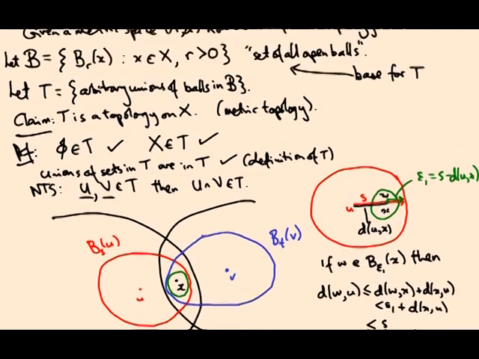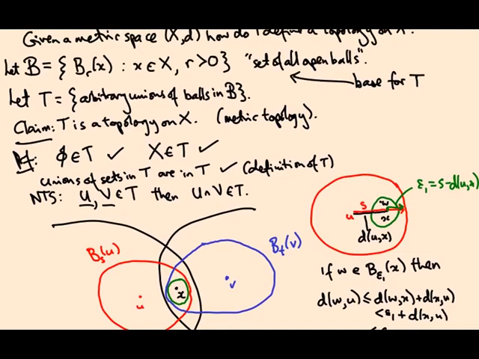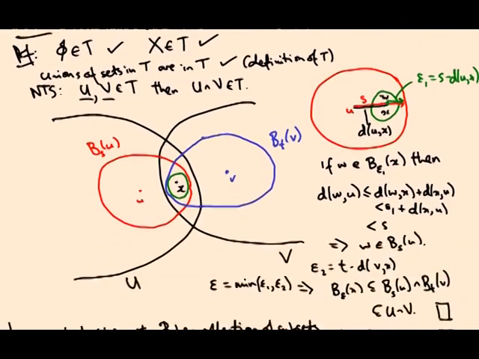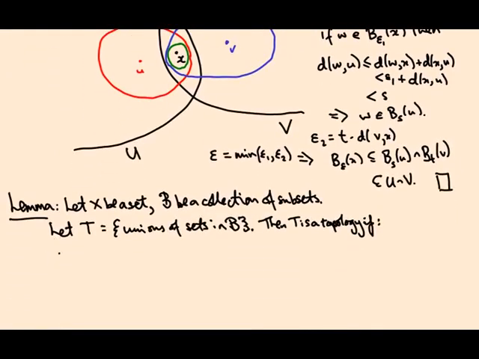We said, well, every point x is contained in some ball, therefore X is a union of balls. So we need to add this as a condition. For all x in X, there exists a little b in B such that x is in little b. So this is the thing that will imply X is in T.